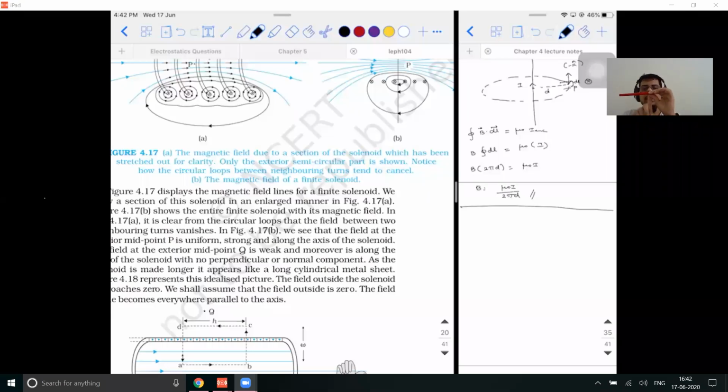So when the current is flowing through it, you can see from the side, the wire will be like this. It goes like this and comes in this way.